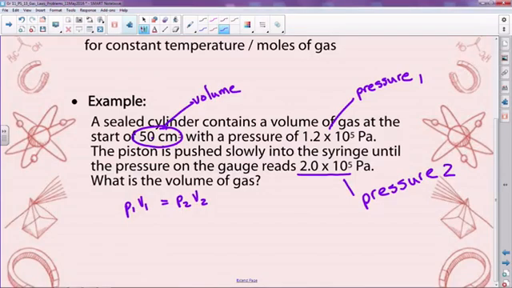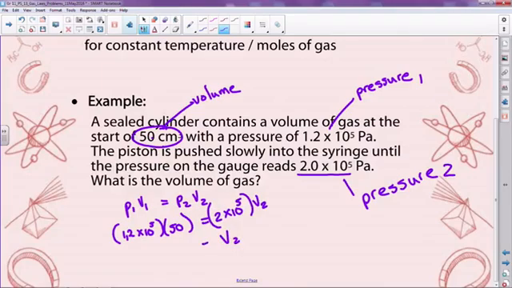Okay, so my pressure 1 is going to be 1.2 times 10 to the power of 5, and my volume is 50. My pressure 2 is 2 times 10 to the power of 5. And my V2 is my unknown. That's what I'm solving for. So V2 is going to be equal to 1.2 times 10 to the power of 5 multiplied by 50. And I'm then going to divide it by 2 times 10 to the power of 5.